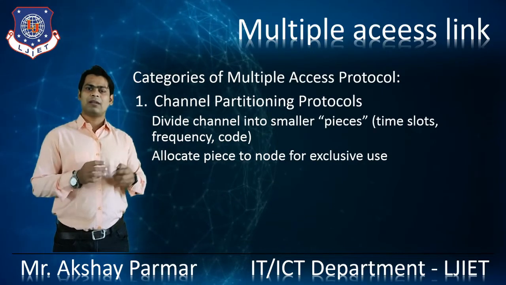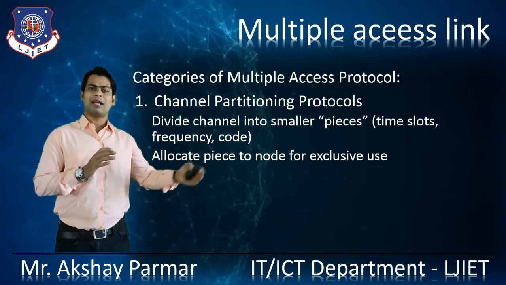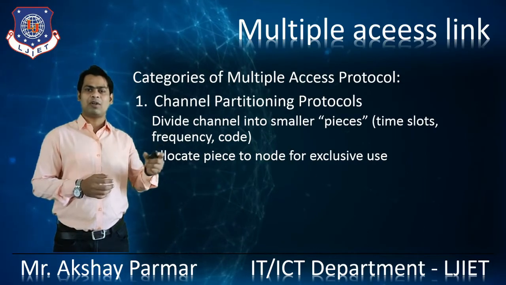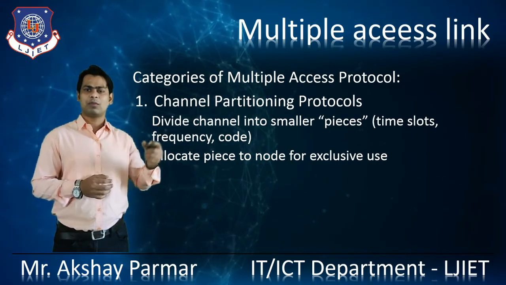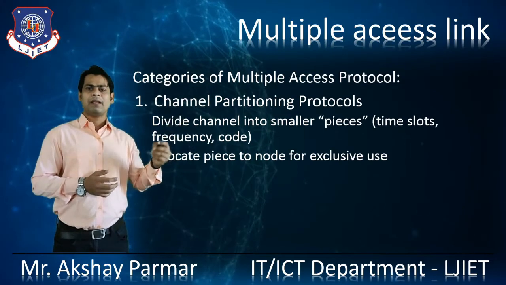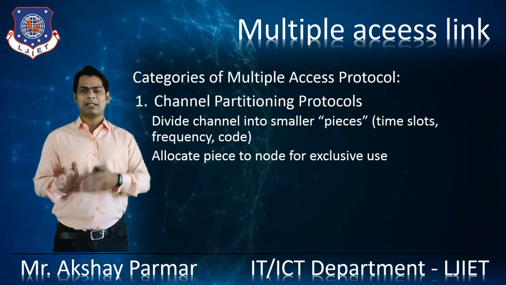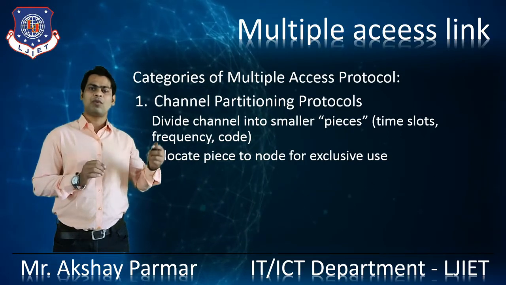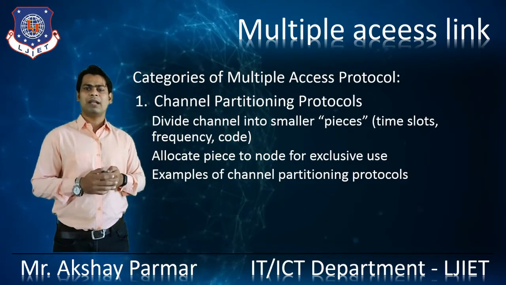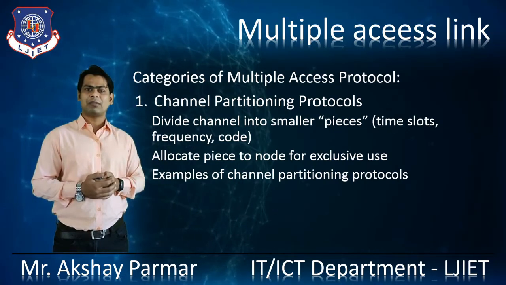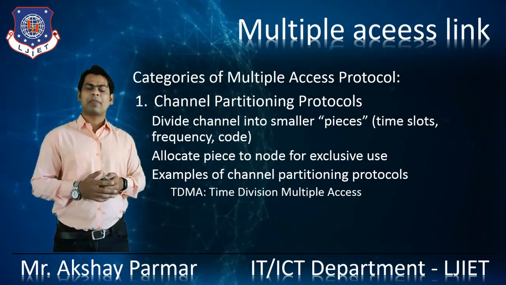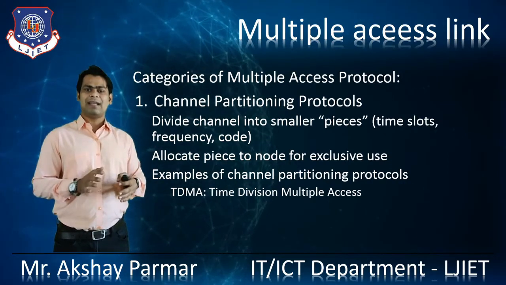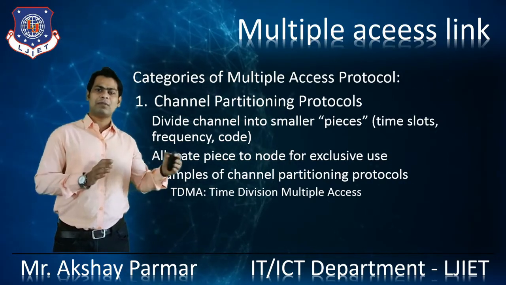It allocates a piece to a node for exclusive use, right? So whenever a piece, a time slot or frequency slot or code slot, is there, it is assigned to one sender and one receiver for exclusive use. Examples of the channel partitioning protocol are TDMA, the time division multiple access, in which the channel is divided into time slots.